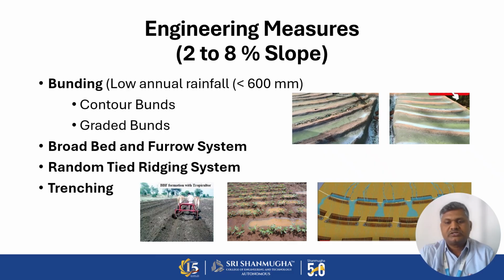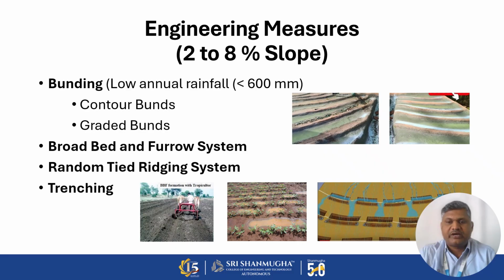The contour bund is the bund created on the contour lines. Another one is called graded bund, where we provide some grade along the contour bunds, on the right side and the left side of the bund, with 0.1 to 0.4 percentage.